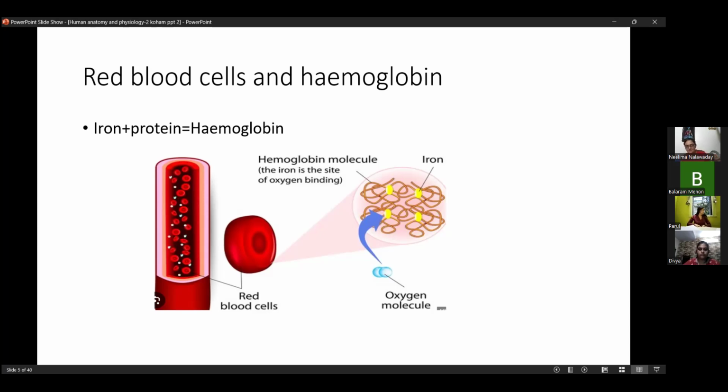And red blood cells take this oxygen molecule and circulate it all over the body. That is the function of hemoglobin. You can see the function of hemoglobin is to carry oxygen molecules, and hemoglobin is present in red blood cells. Is it clear? Okay.